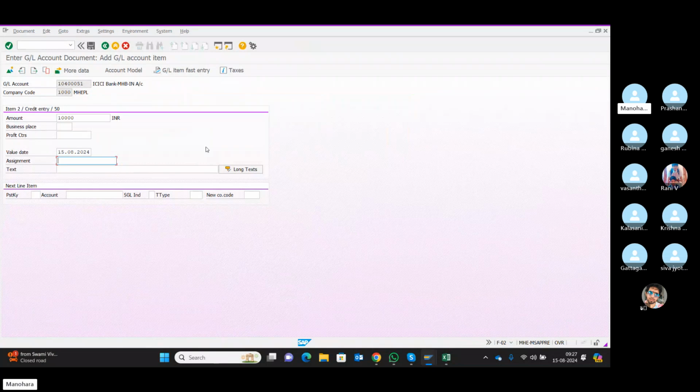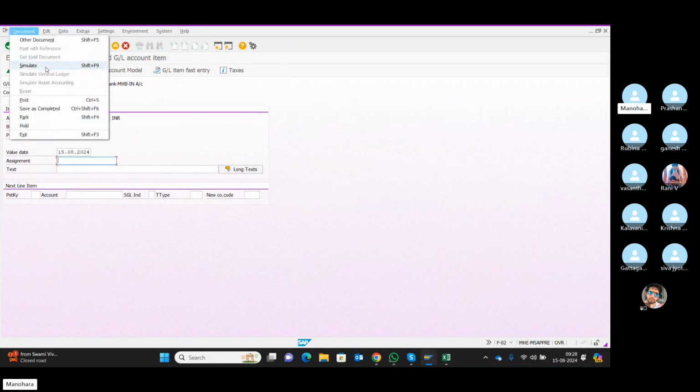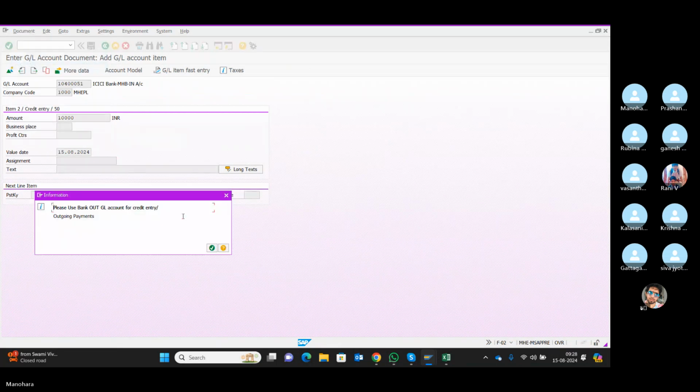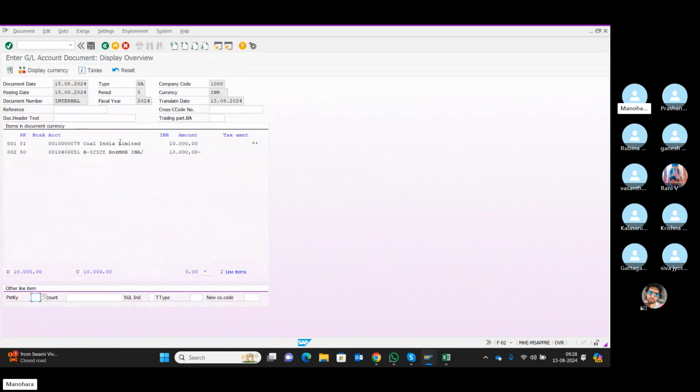So we have two types of simulations, right? How many simulations are there? Anyone knows? What are they? One is entry view and the other is ledger view. So here, see, this is the Coil India Private Limited and ICICI Bank account.